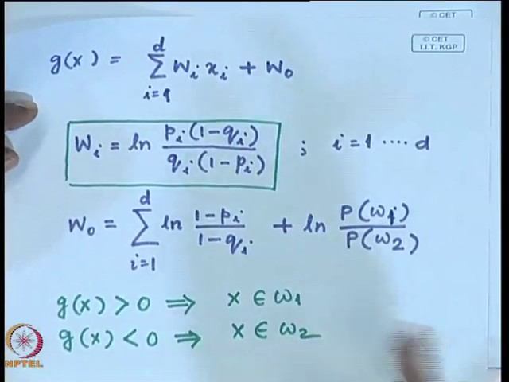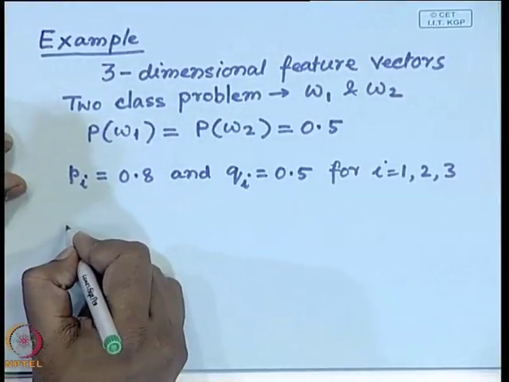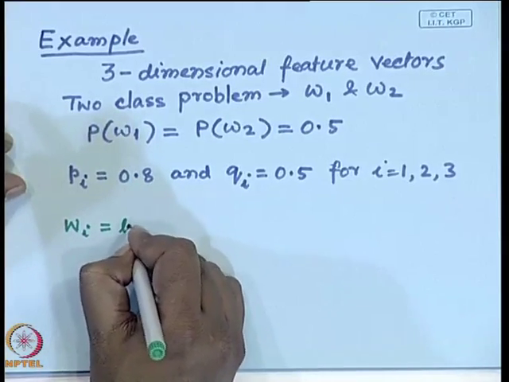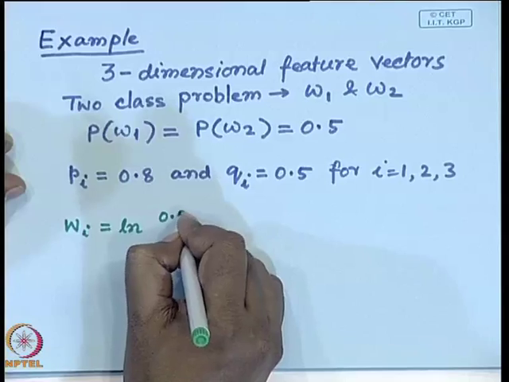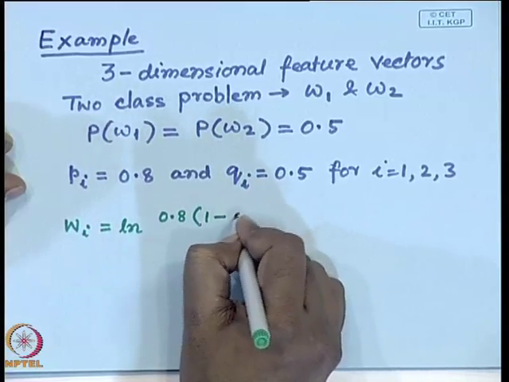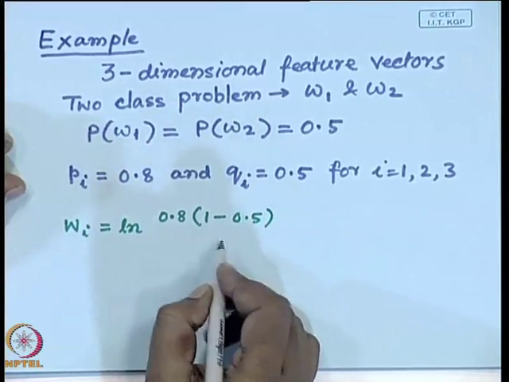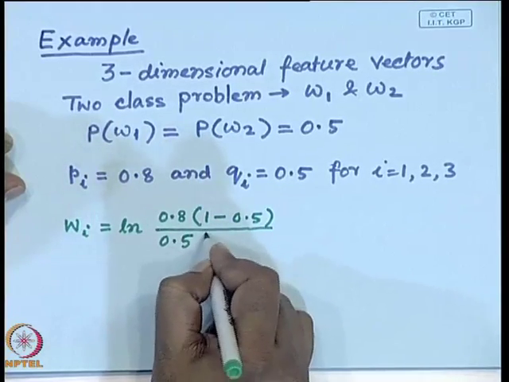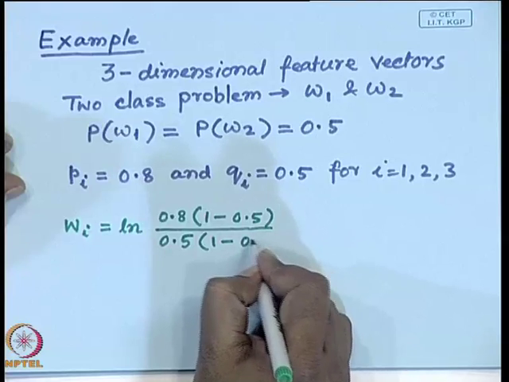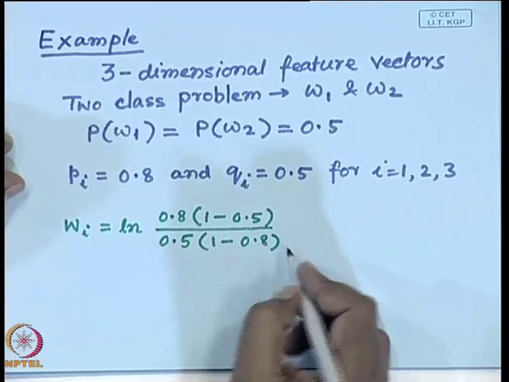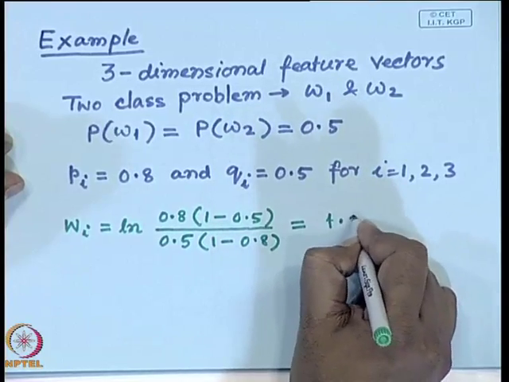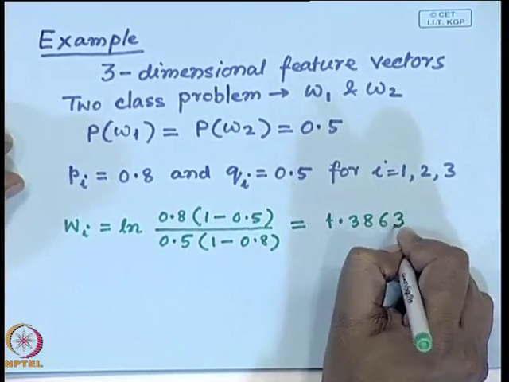For different values of I, I get different components of the weight vector W I. So, I get W I is equal to log of p I, that is 0.8 into 1 minus q I, that is 1 minus 0.5, okay, upon q I, that is 0.5 into 1 minus p I, that is 1 minus 0.8. Okay. And if I compute this, this becomes a value 1.3863.